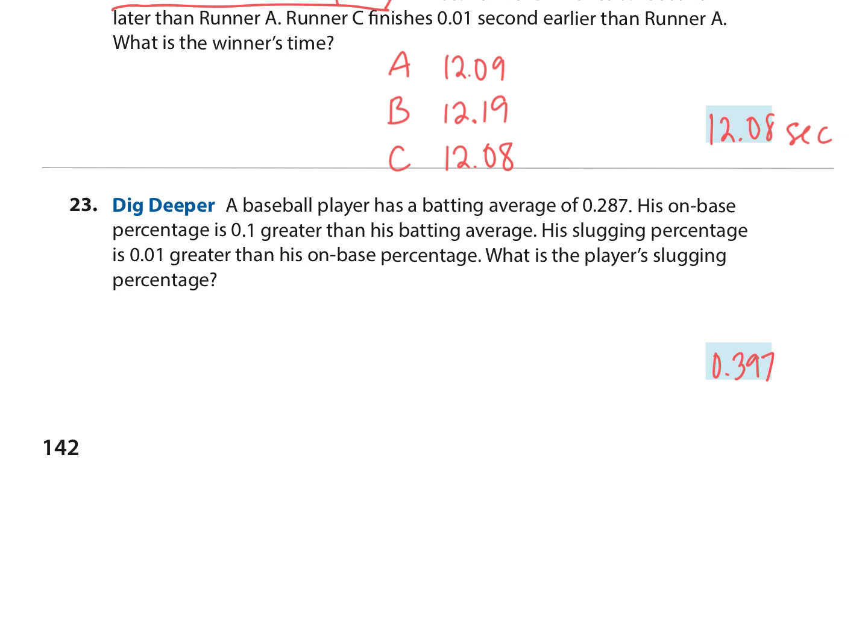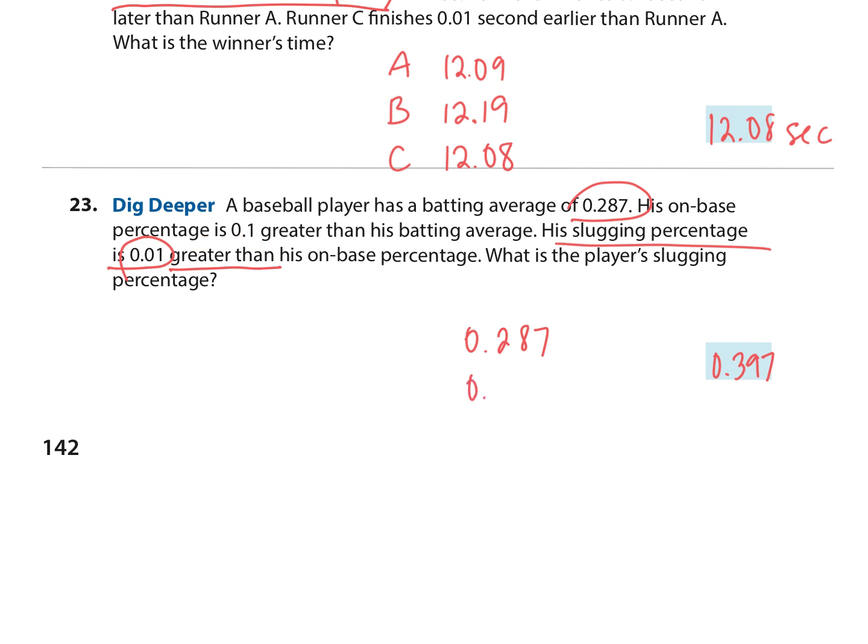So all I want to focus on is this piece right here, where it talks about his slugging percentage being 100th greater than his on-base percentage. So what do I have to figure out first? I have to figure out his on-base percentage. So I'm going to take his batting average, which is 0 and 287 thousandths. His on-base percentage is 1/10 greater than that.